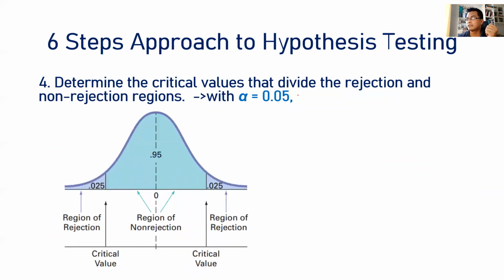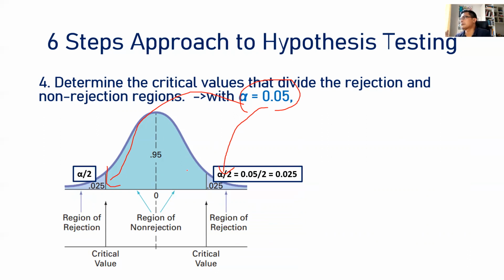And because the hypothesis statement is an equality, which is mu d equals 0, it's a two-tailed test, in which the significance or error level is divided into two directions: 0.025 in the left tail and 0.025 in the right tail.